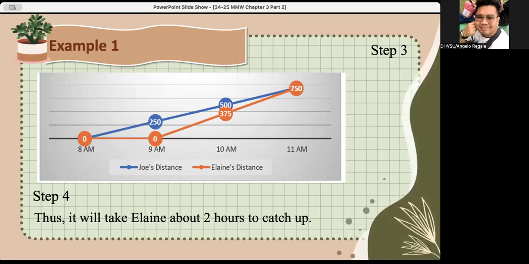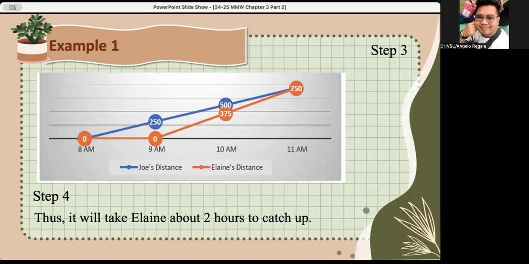So, at 8 a.m., zero pa ang tinravel ni Joe. But by 9 o'clock, 250 kasi for every 1 hour, 250 ang average speed niya. Okay, by 9 o'clock, paalis pa lang si Elaine. So by 10 o'clock, naka 500 miles na si Joe, pero si Elaine naka 375.